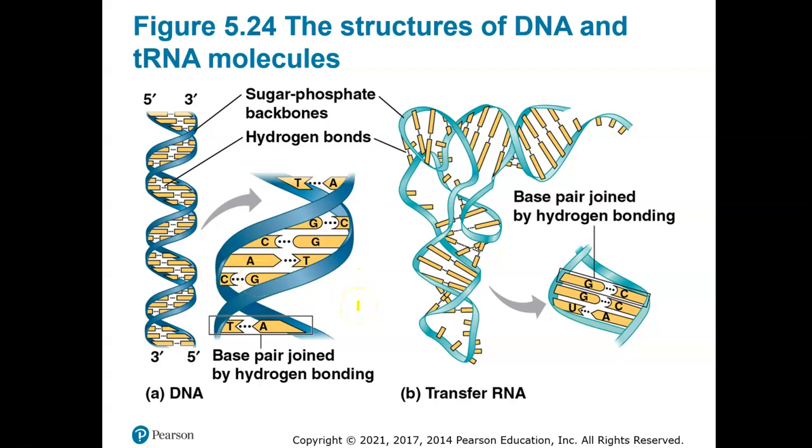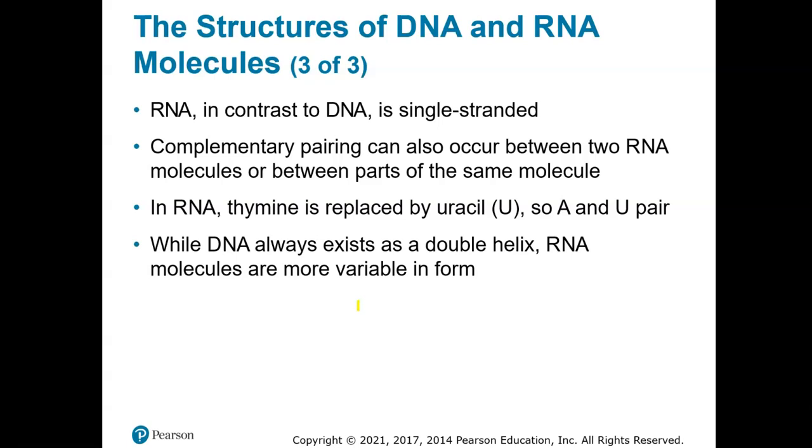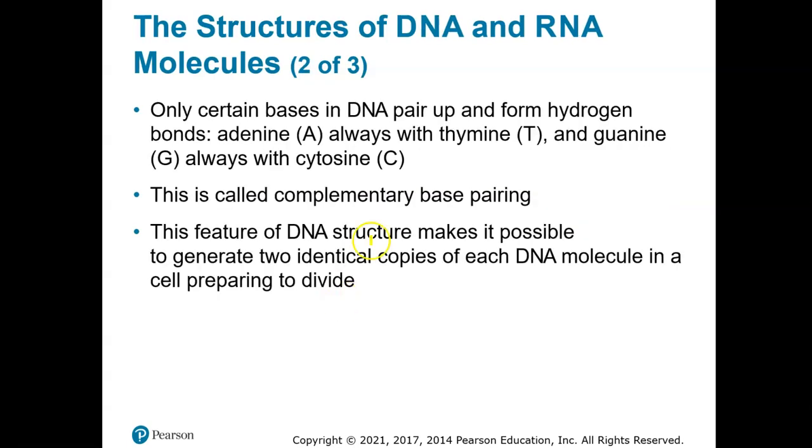And the other thing you have to know about the bases is that there is something called complementary base pairing. And that means that A always pairs with T and C always pairs with G. So if you know the sequence of one of the strands of DNA, then you always know the sequence of the other strand because it is complementary.